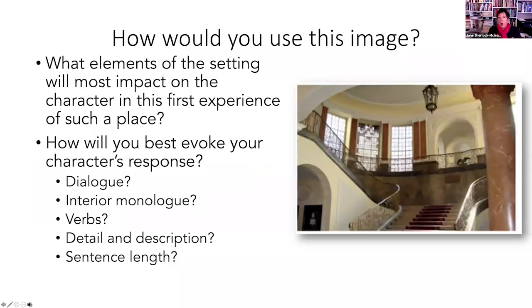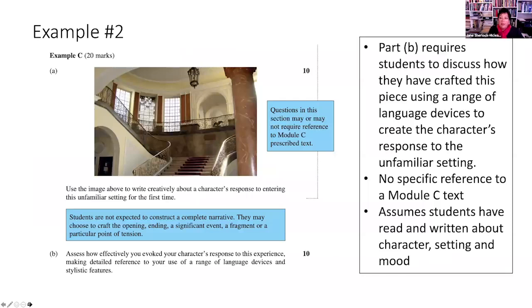What elements of the setting would you look at? Of course, first for me would be that huge marble column and the staircase. How would you best show the character's response? Is it going to be some dialogue, or the verbs, or the detail, or short sentences, for example? So you need to critique how that's done. And notice too that this is evenly spread, 10 and 10.